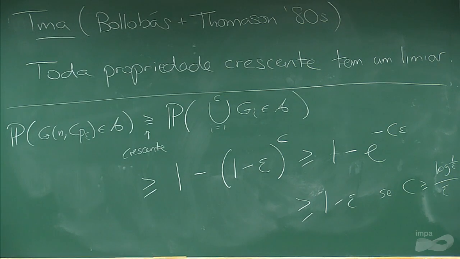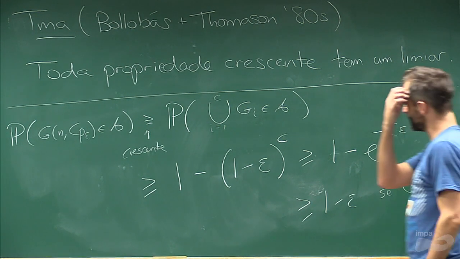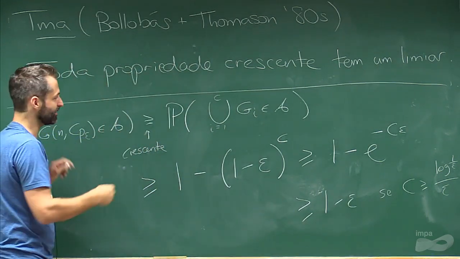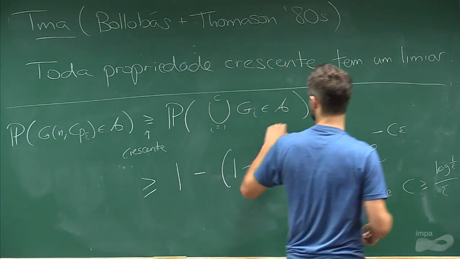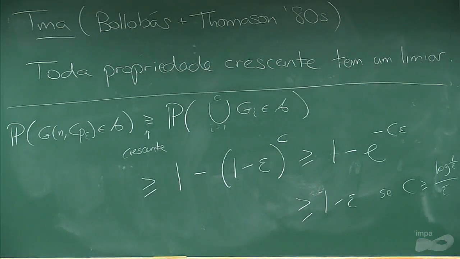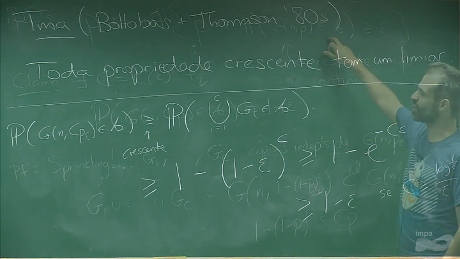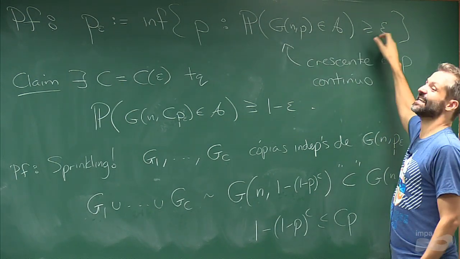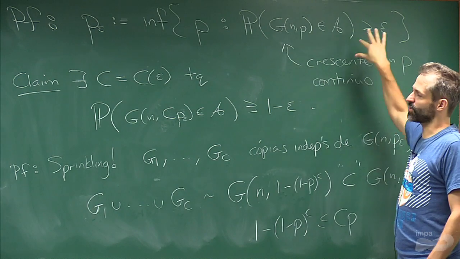Can you repeat the sequence of inequalities? Sure. The first one is this coupling argument, the fact that A is increasing. Now, what's the probability that G_i is in A? These guys are each independent copies of G(n, p epsilon). So by definition of p epsilon, the probability that G_i is in A is equal to epsilon by using continuity.